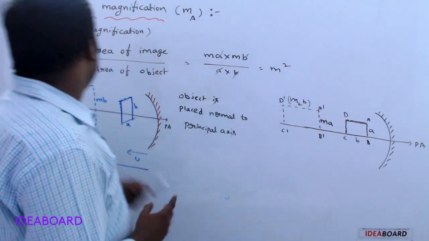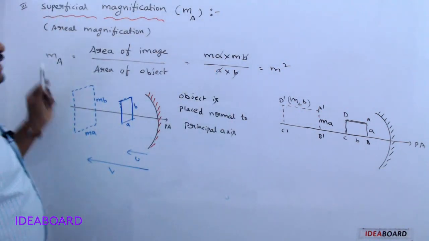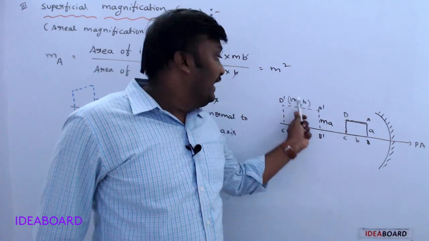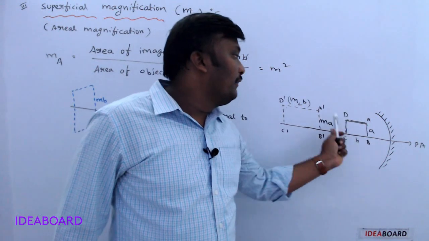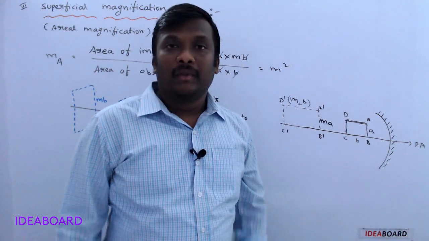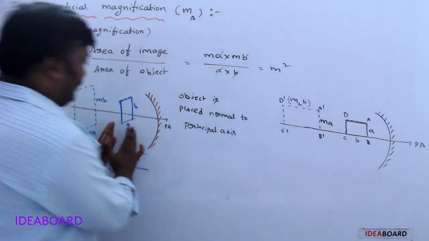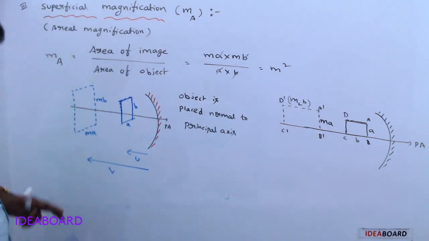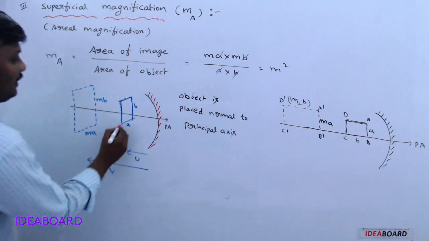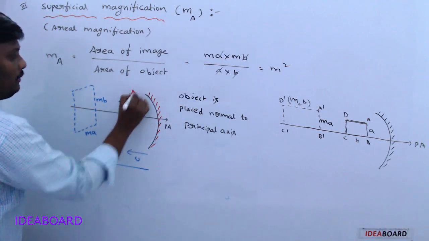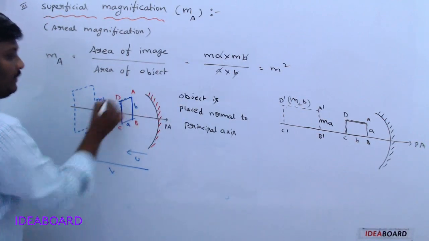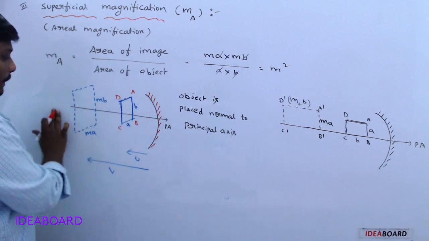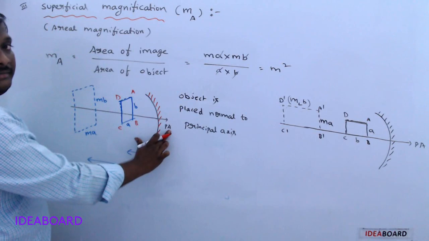So what is the formula now? Aerial magnification is equal to the area of the image by the area of the object. Do you understand the difference between these two? Here, in A, B, C, D, AB and AD both are perpendicular to the principal axis.